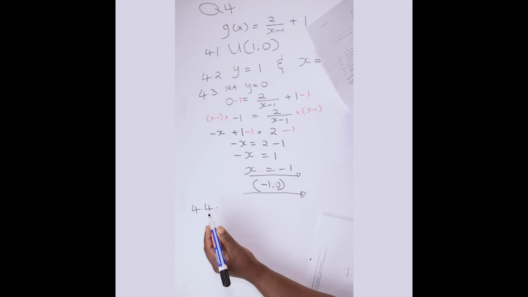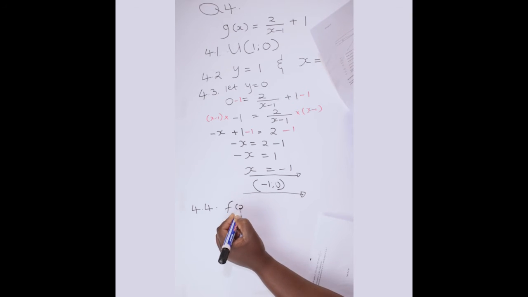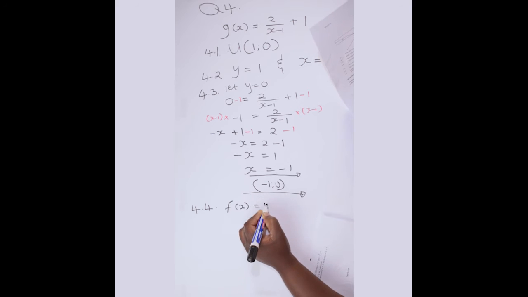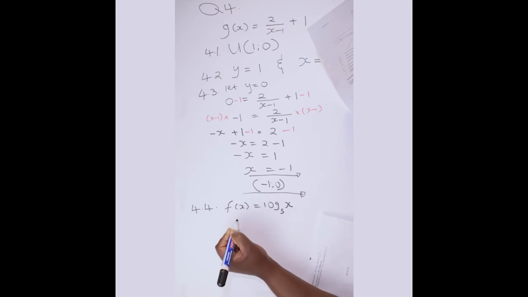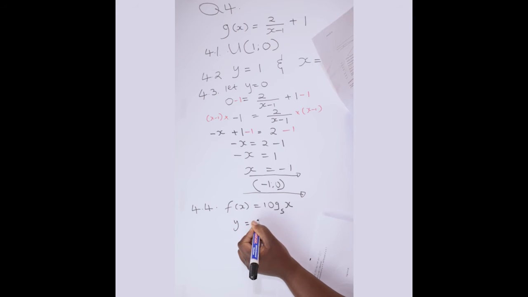So you interchange them. In other words, there you have f of x equals log with base 5 of x. Remember, your f of x is your y. So this can be rewritten as y equals log of x divided by log of 5.